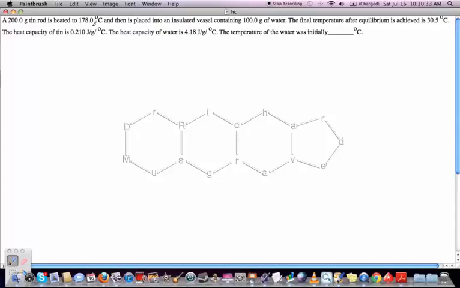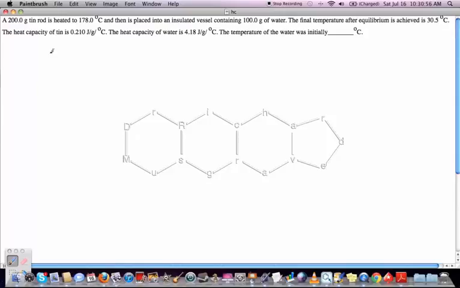It's going to be at 178.0 degrees first, and then at some other point it's going to be 30.5 degrees Celsius. So where did all that temperature go? Well, the temperature went down because the heat of the tin was released into the water. So we know that the temperature of the water is going to go up, and that's going to be its final temperature right there. It will be 30.5 degrees Celsius.